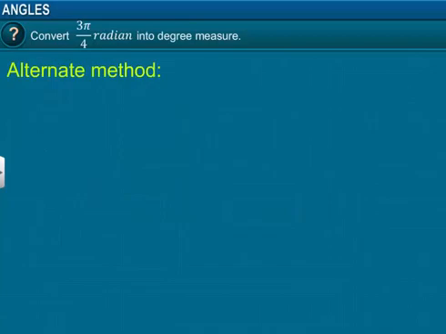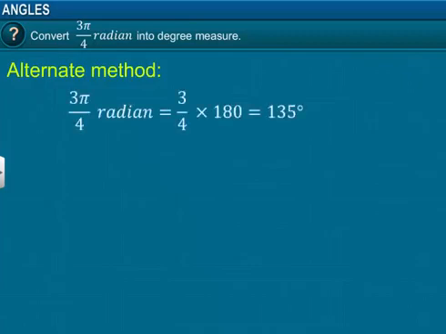Alternatively, to convert radian measure to degree measure, we substitute 180 in place of pi. On simplifying, we get 135 degrees again.